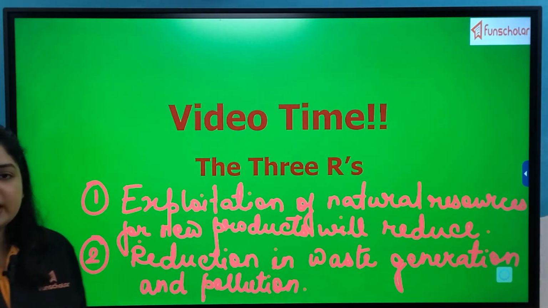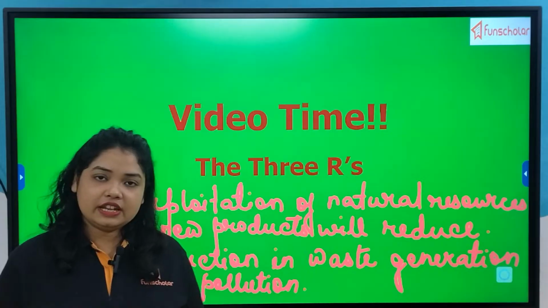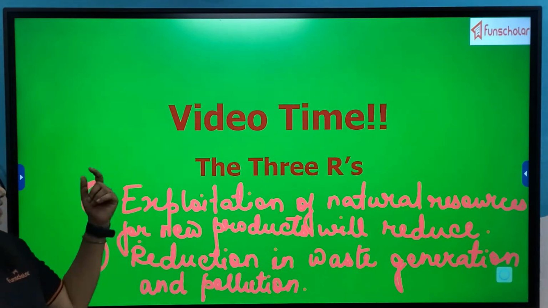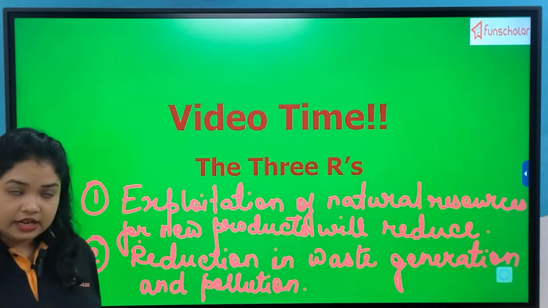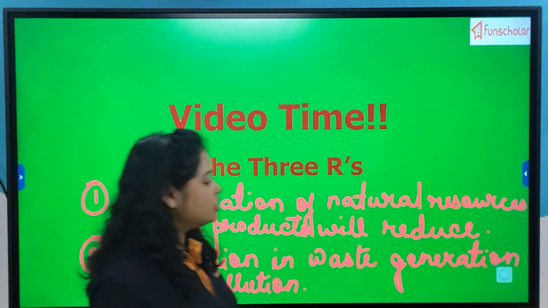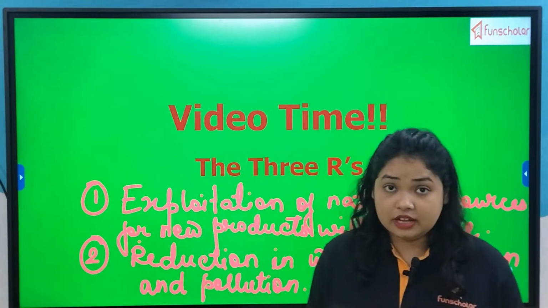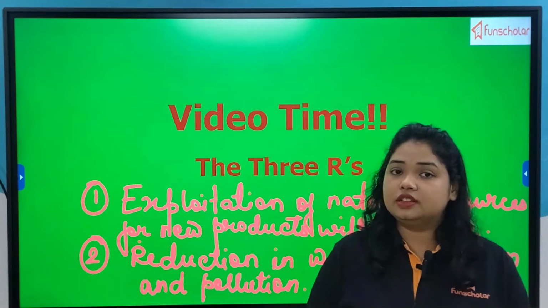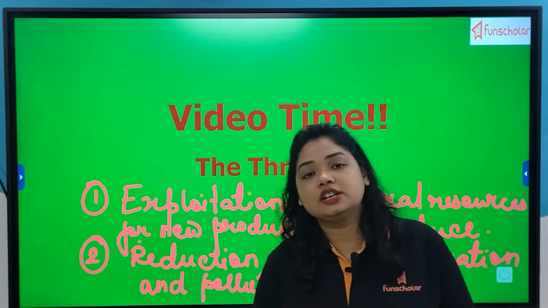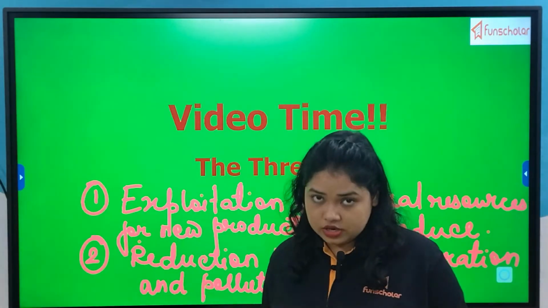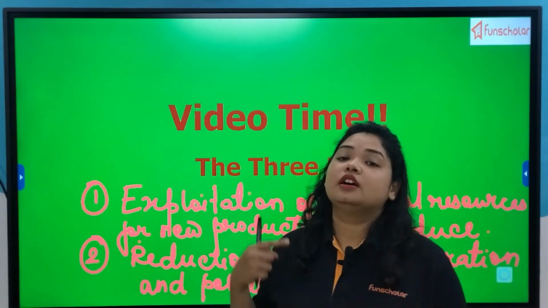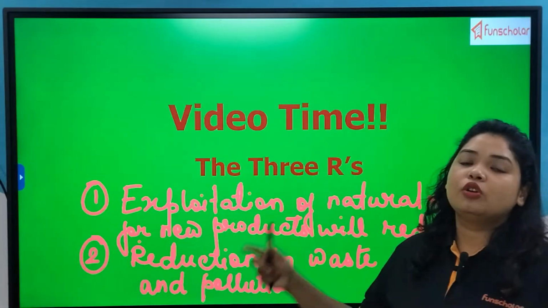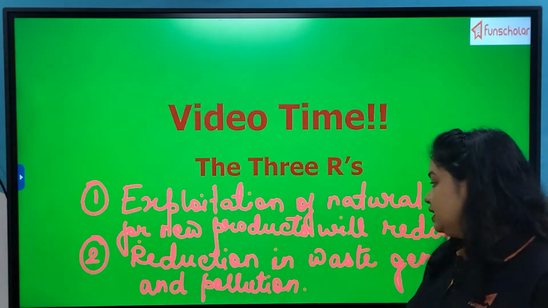By referring to the example given in the video, we can say that if recycling is done, then the waste generation which could have happened if the damaged plastic bag had just been thrown away in the dustbin will not occur. Rather, it will be fit for use again for many more days.